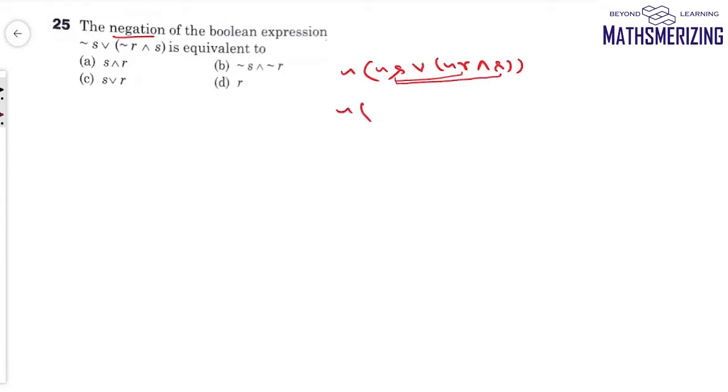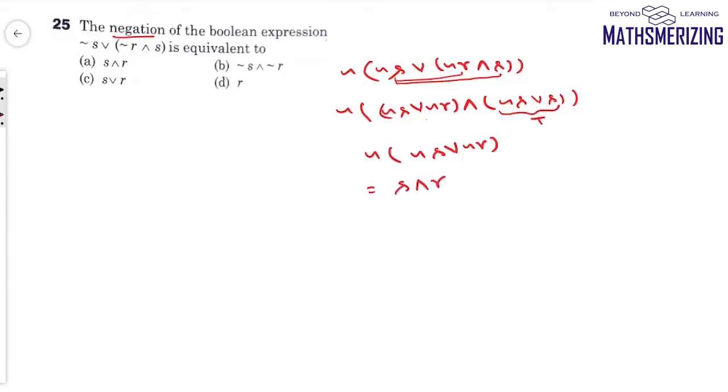So we'll write not of not S or not R and not S or S. Now not S or S is simply true, and A and true is simply A. So this is not of not S or not R. Now not of not S is simply S and then De Morgan's law, and this is R. So it is equivalent to S intersection R, which is option number A.